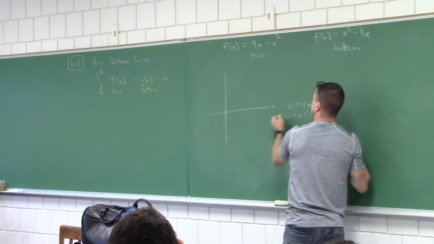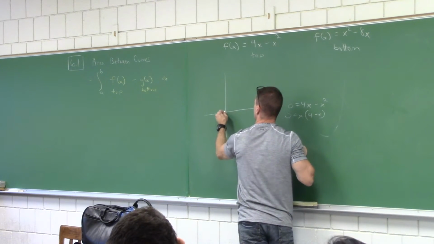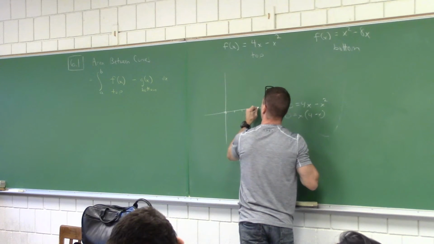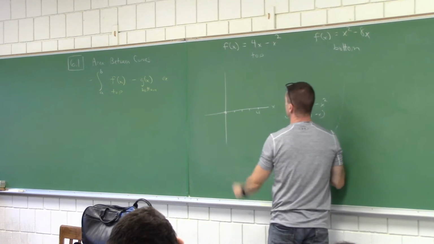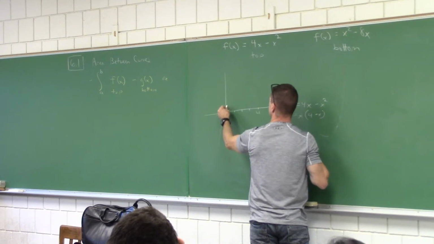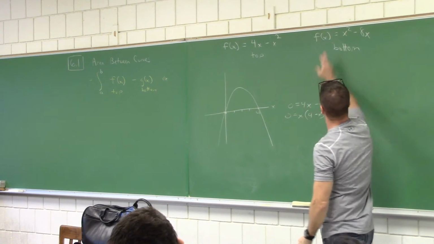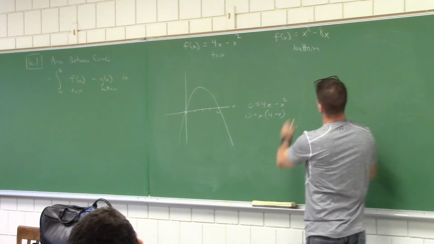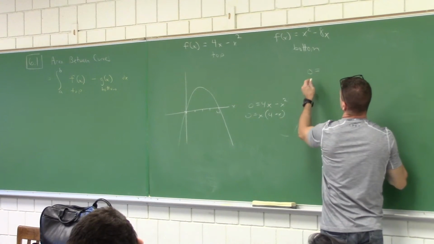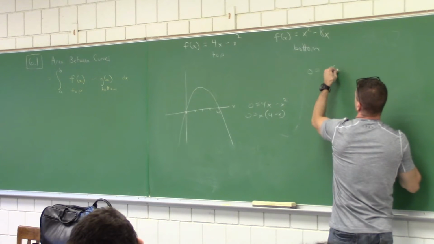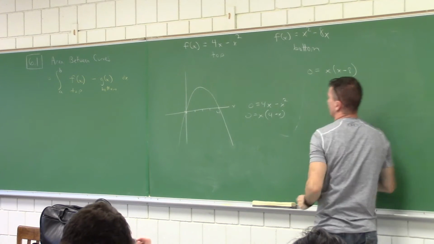It looks like it meets the x-axis at 0, and then over at 4. So this graph's doing something like this. How about this one? Oh, you want to factor that just to see where it meets the x-axis? x and 8?